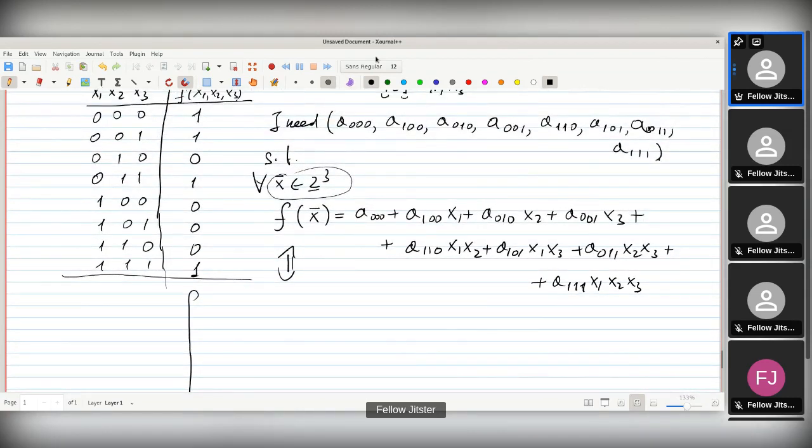The first equation is when I take f of 0, 0, 0. On the one hand, it is 1 according to my table. But on the other hand, what if I substitute 0, 0, 0 for all x's? What will I obtain from the right-hand side? Please tell me. It is important.